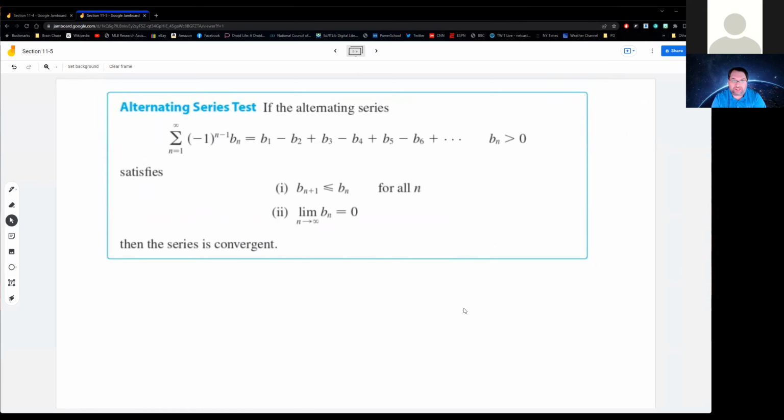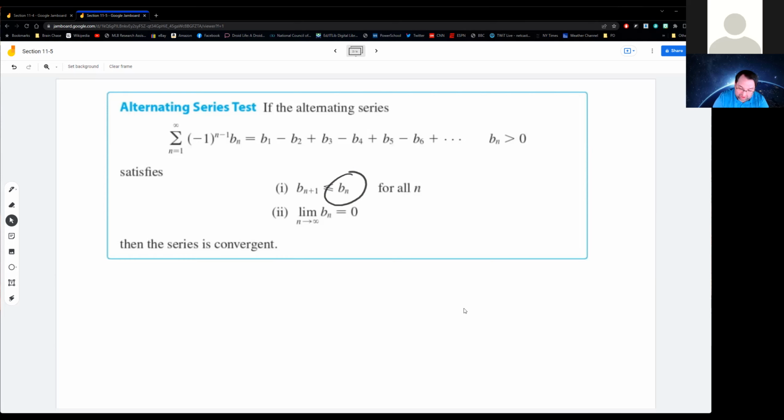You have to start off with an alternating series, and it has to satisfy two cases. The first case is that every term is decreased from the one previous. Notice that's Bn.